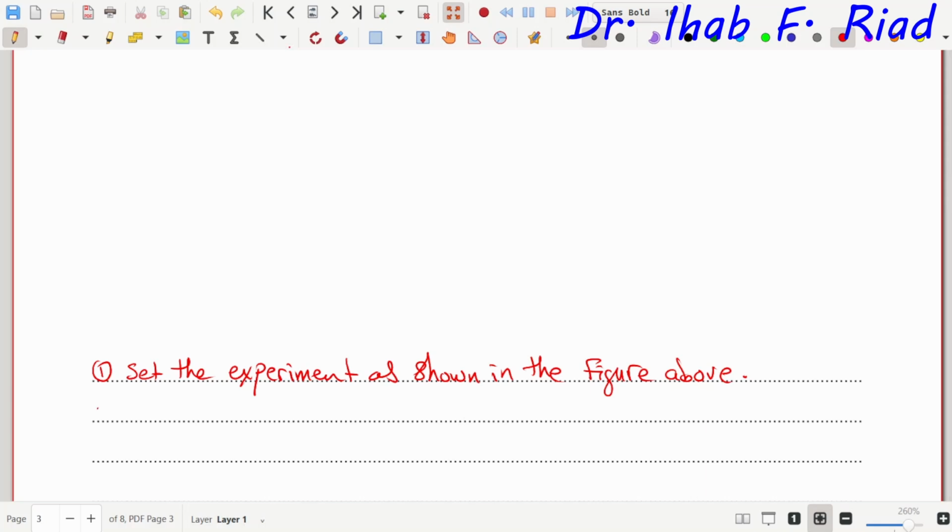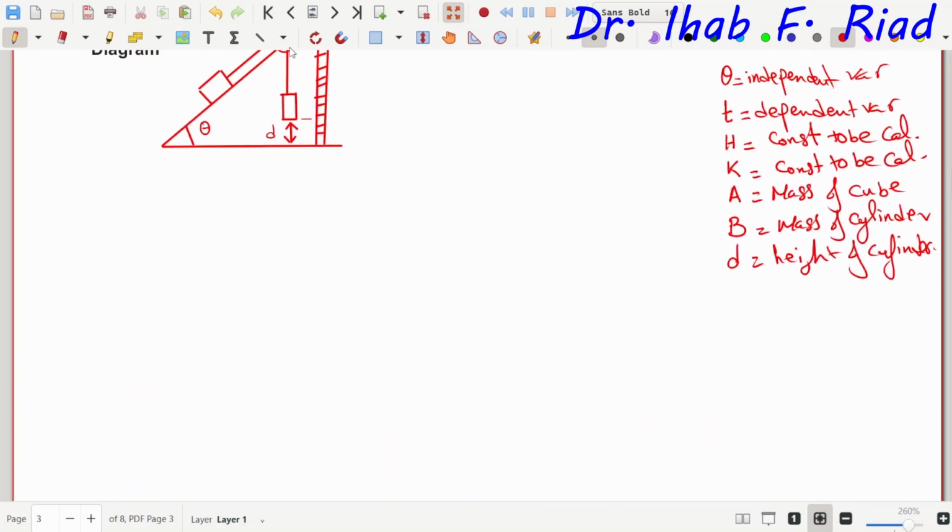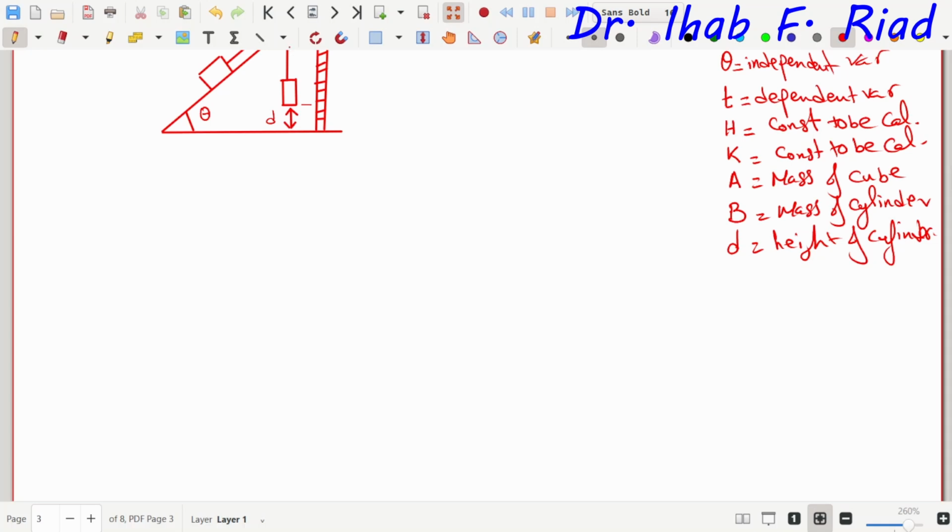Now we are going to tell how we are going to measure all those values. How we are going to measure A, B, and D. Those are the control variables, the variables that we are going to keep constant throughout our experiment.